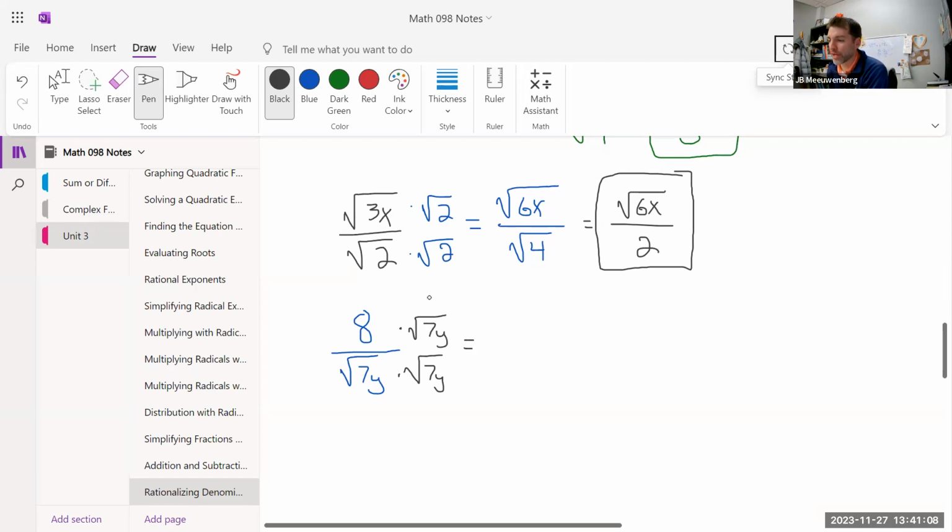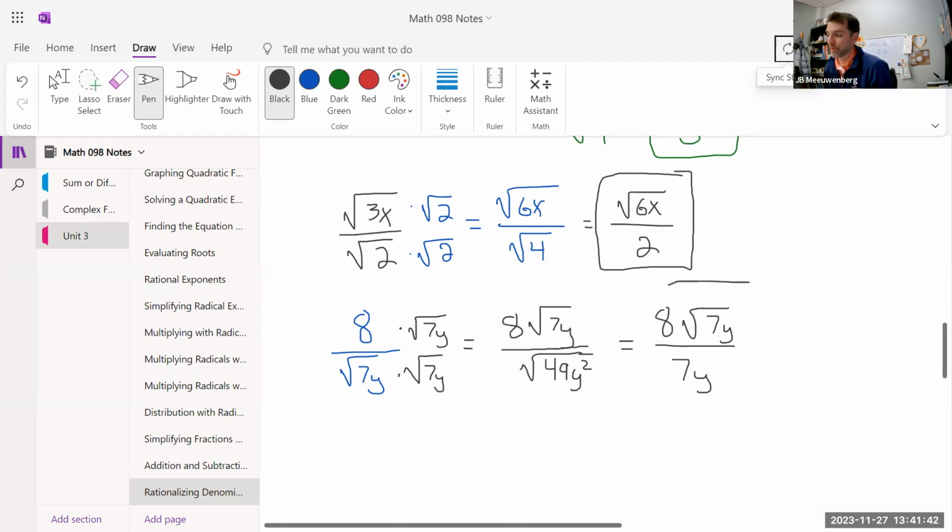So on the top, again, we have a coefficient of 8 and 7y on the inside over the square root of 49y squared. That can be simplified to be 7y. And on the top, we have 8 times radical 7y. Now, again, the 7y's, one's in a radical, one's not, so they can't be simplified any further.